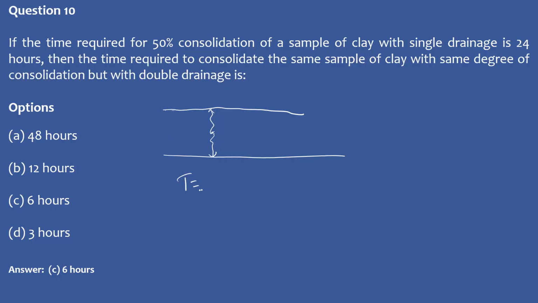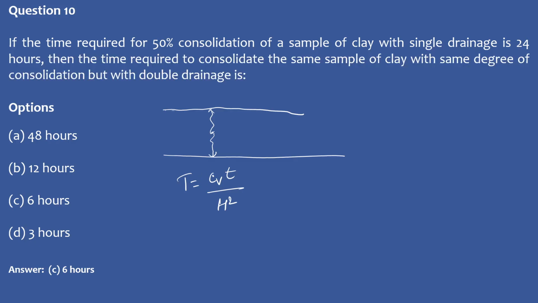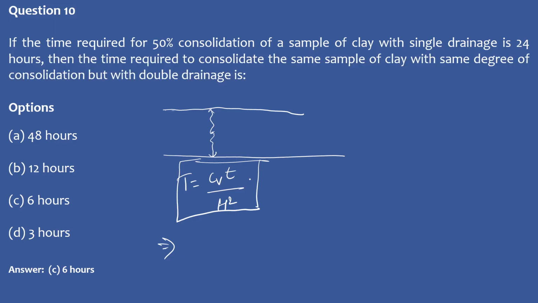So usually the theory of consolidation gives this relation: we have the time constant Tv equal to Cv t by H square, where H is the drainage path. So this is your time constant, right? Again, your degree of consolidation depends on the time constant.